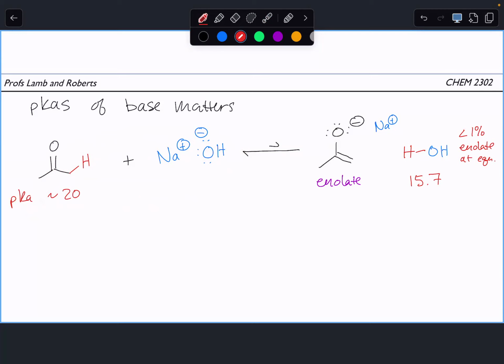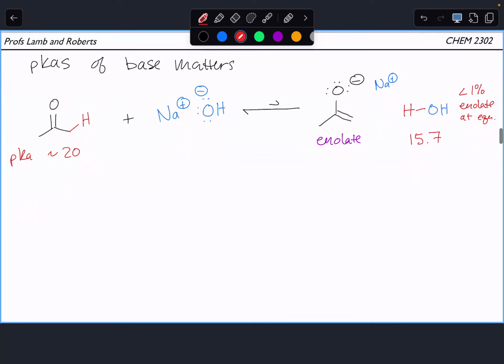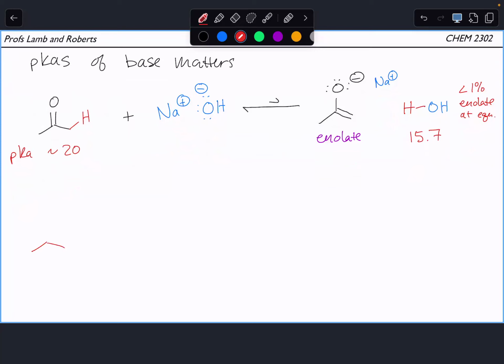Okay. So you just have to be aware that if you're using sodium hydroxide to form your enolate, you're not just forming a full enolate and then going on and doing things. That's not how it works. On the other hand, if you were to use a stronger base, say LDA, so LDA is lithium diisopropyl amide.